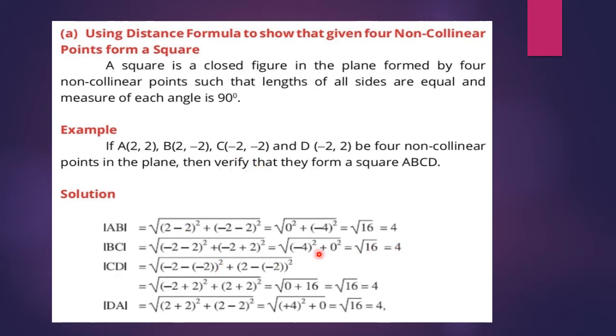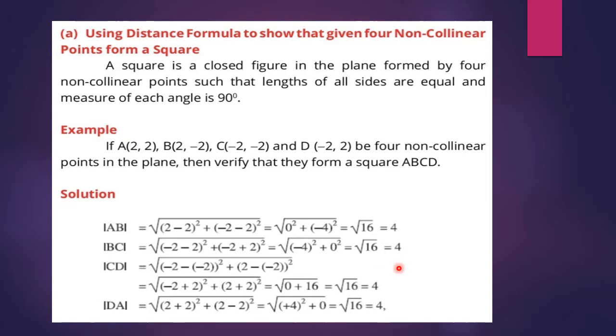Now the length CD, by using the same distance formula, is also 4. And by applying distance formula, the length DA or AD is again equal to 4. Now we have come to know that all 4 sides are having equal length.